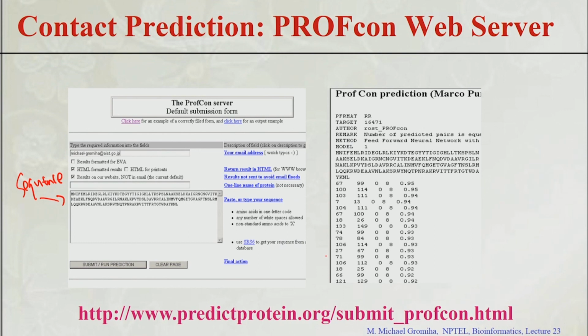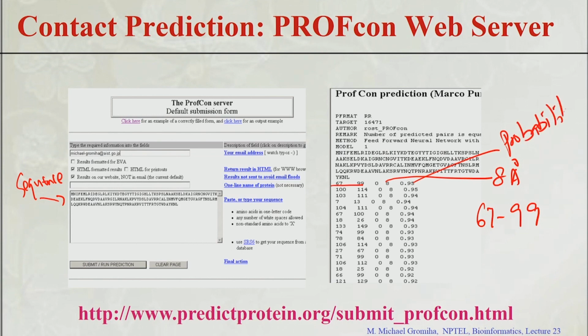If you see here, this is the 8 angstrom distance, and these are the residues 67 and 99. 67 and 99 are in contact, with a probability of 0.95. So, they give the probability, so you can take the contacts with a high probability, and if you get these contacts, we can convert this information to get the long range order.